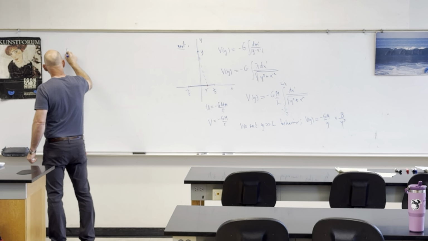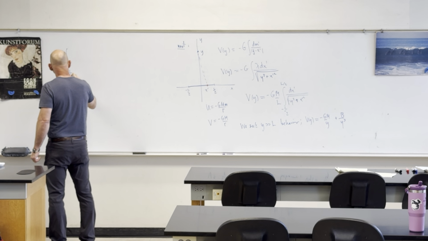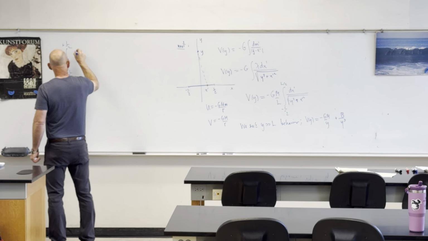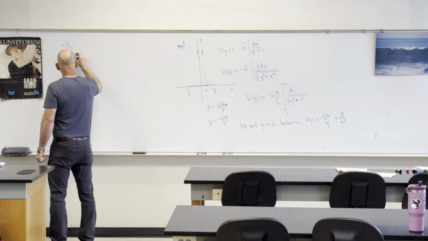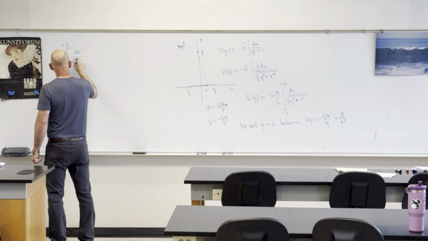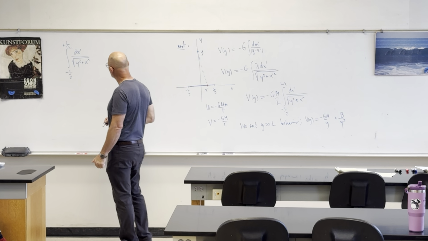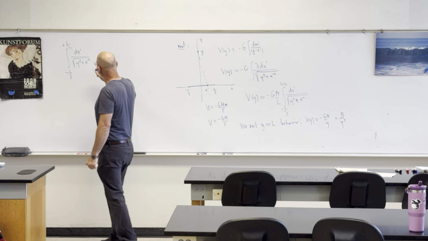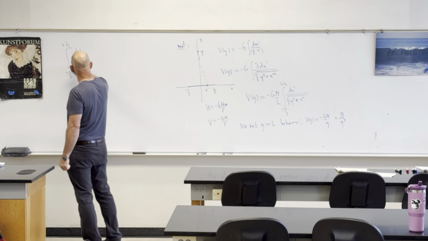So we have the integral from minus L over 2 to L over 2, dx prime over root y squared plus x prime squared. Now we're looking for y very large.